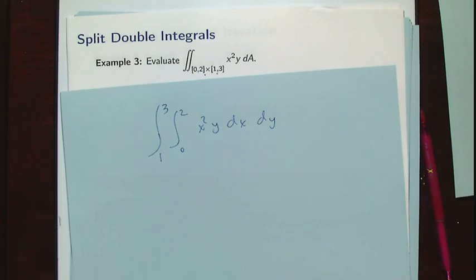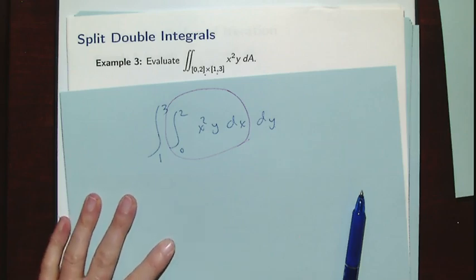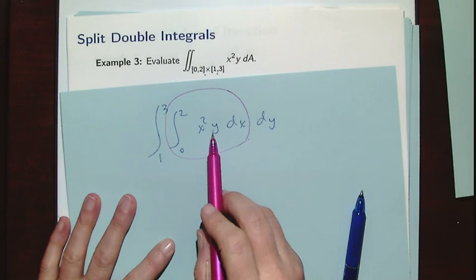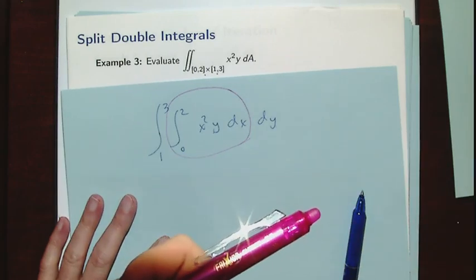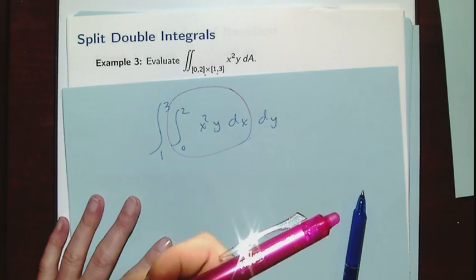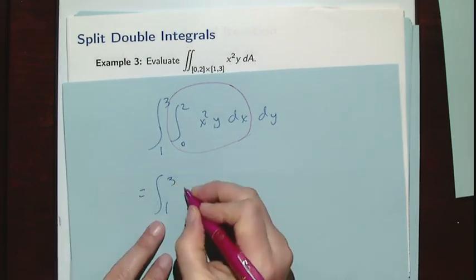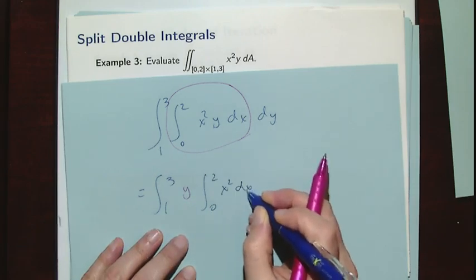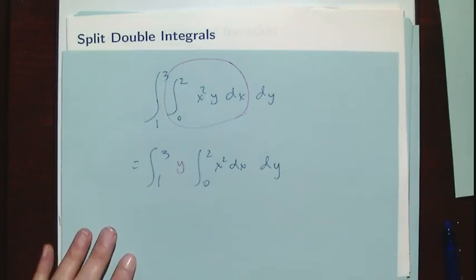Okay. Now I'm going to do something funky. Wait a minute. Look at this inner. X is the variable. What is y with respect to x? Well, do you guys remember I used to bring the constant out? Can I do that now? So y came out. What is left? Oh, fun. One quick question.